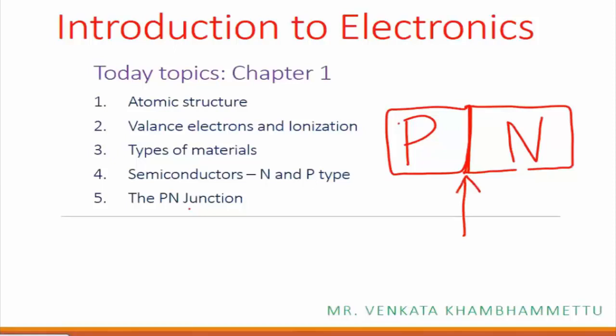Something will happen at that junction that will make all these devices behave the way they're supposed to behave. That's a very important behavior that happens at the p-n junction. Separately, we can't use them. For example, can I use the p-type only to do something?